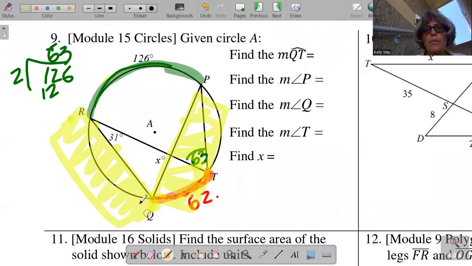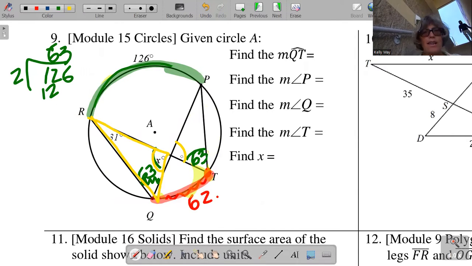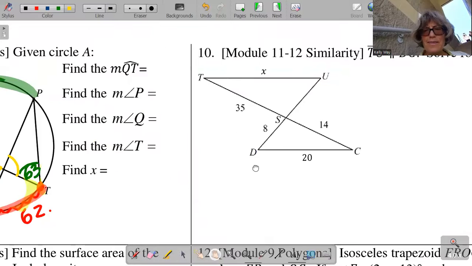Frame it up. Which means this angle grabs the 126 at all, 63. From there, you can find this angle. Triangles add up to 180. Vertical angles, you got some butterflies. And you just keep going from there.